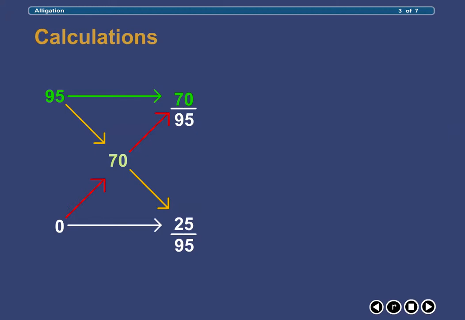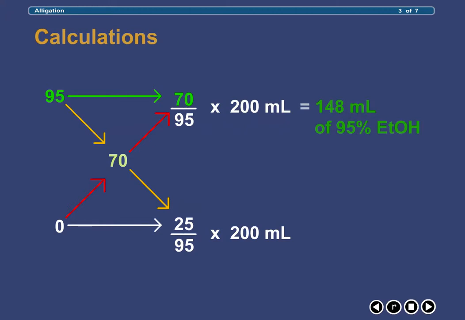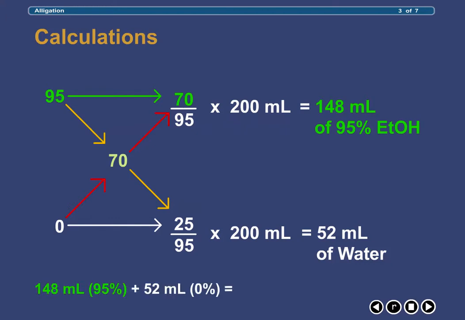Multiplying these percentages by the final volume desired, namely 200 milliliters, shows us that 148 milliliters of the 95% ethyl alcohol, or alcohol USP, and 52 milliliters of distilled water will need to be measured and combined in order to make the 200 milliliters of 70% ethyl alcohol mixture that we desire.